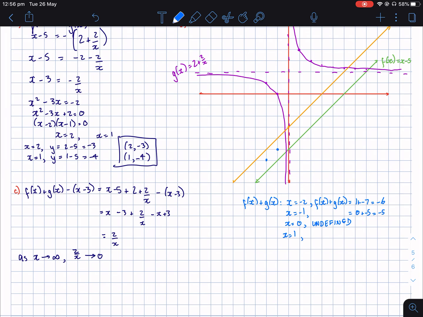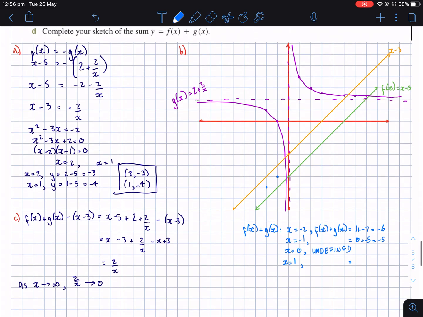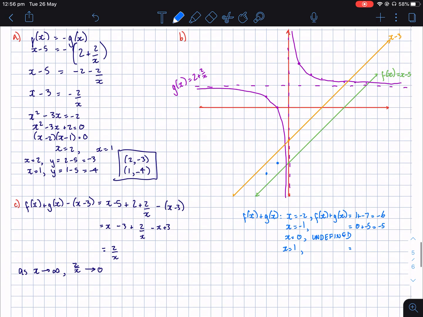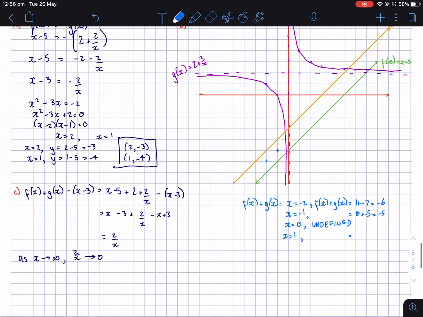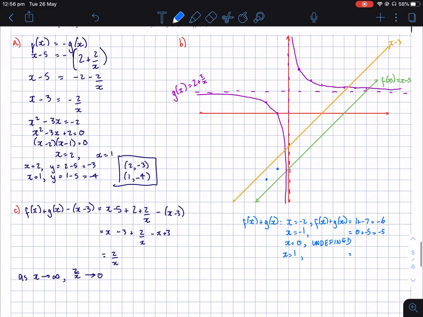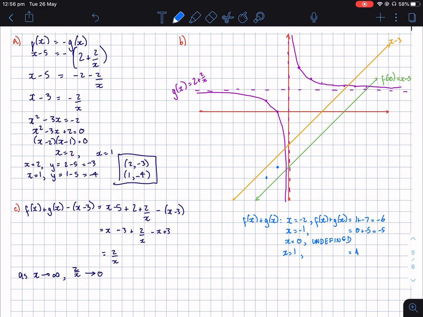X equals 1. We're going to have 1 times 5, hang on. We're going to have 4 plus negative 4, which will be 0. For x equals 2, we're going to have 3 plus negative 2, which is 1.